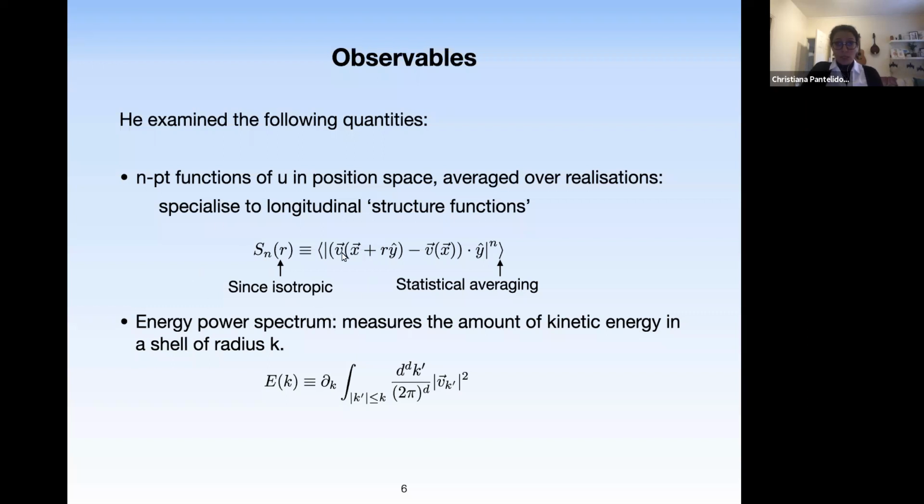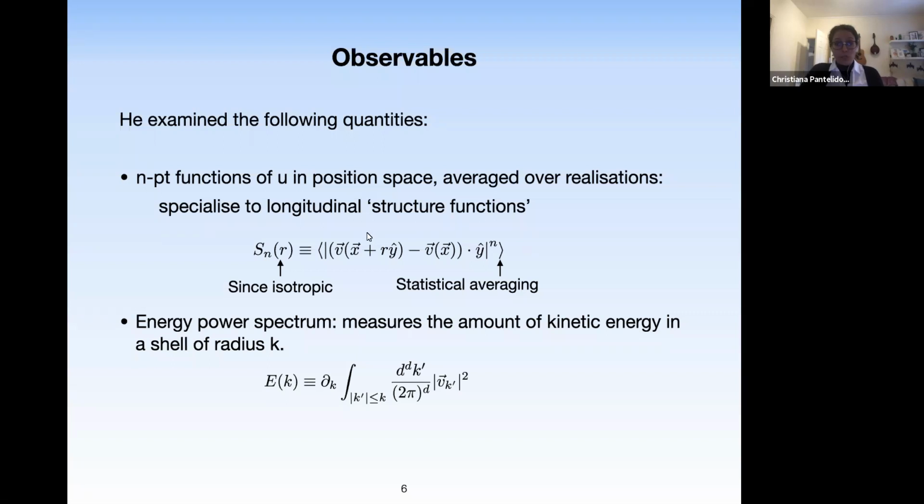These structure functions are calculated in the way that I write down here. Essentially, you take the velocity field at some point in your system, x, and then you take the velocity field at some other point that is at a distance r from the original one. You take the difference between the 2, then you dot that with the unit vector along the line connecting the 2 points. You raise that to the power n.